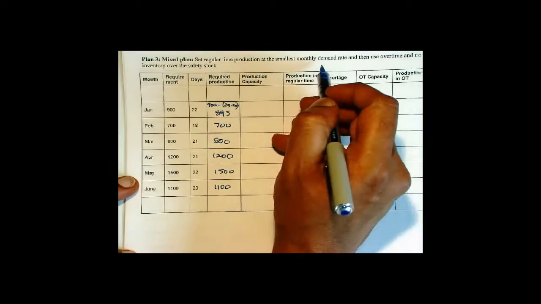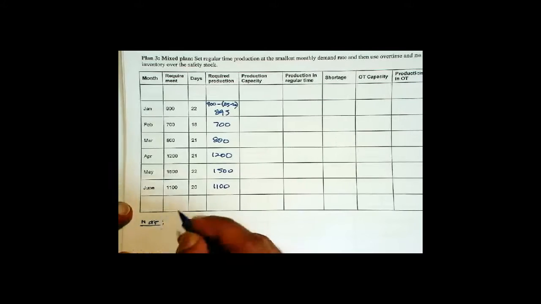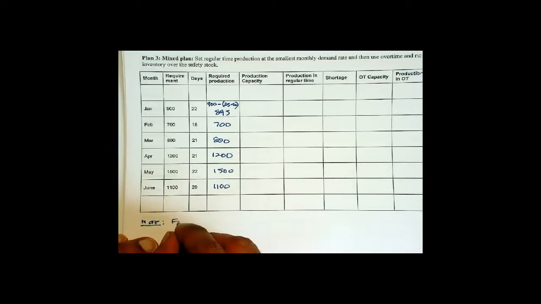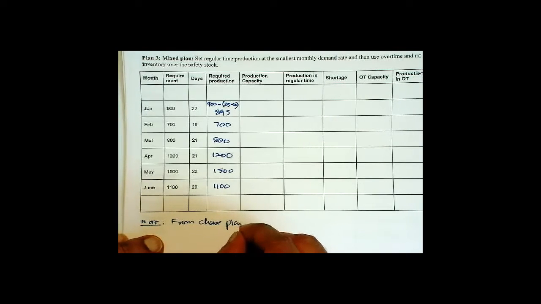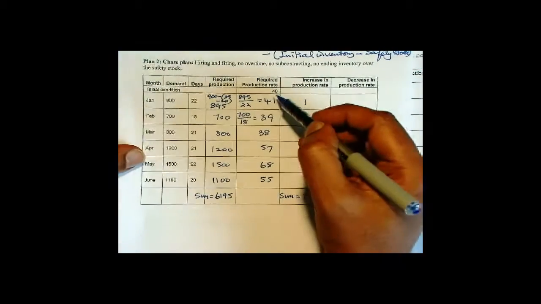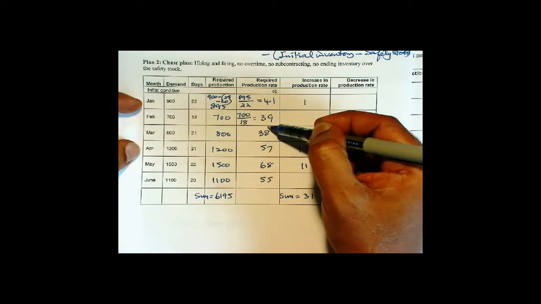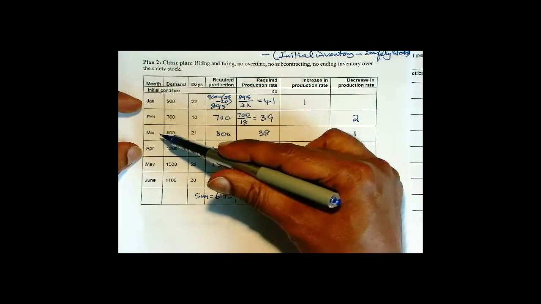So let's see. From chase plan, which we did previously, we calculated the demand rate for each month, and you see that the minimum rate is 38 for the month of March.